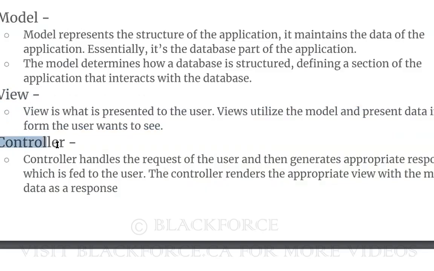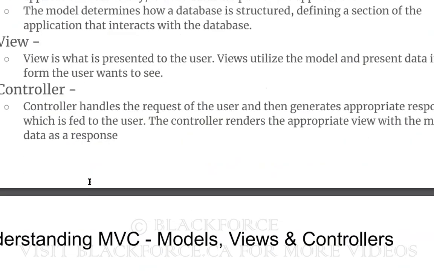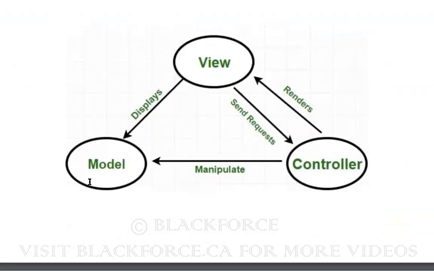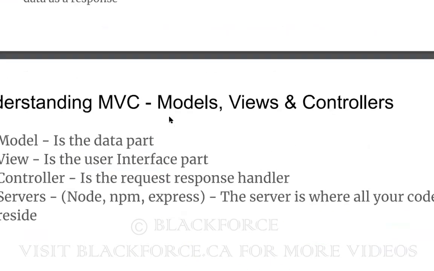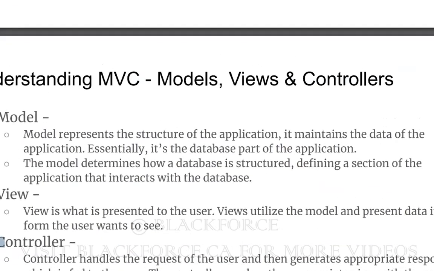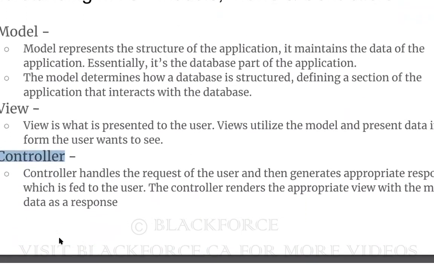Then the controller is where the magic happens. The controller is like a middleman that bridges the view and the model. So the controller and the routes are in the center. If a request comes in, it handles the request.